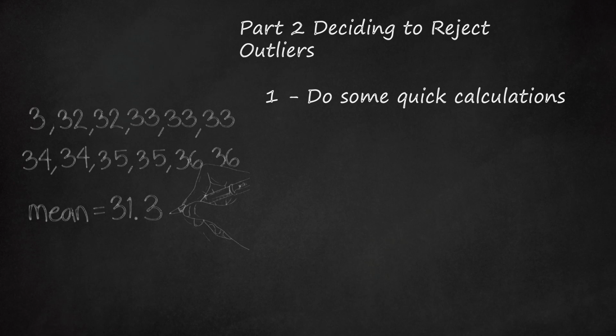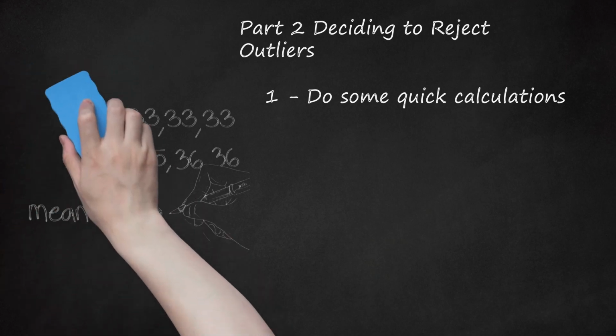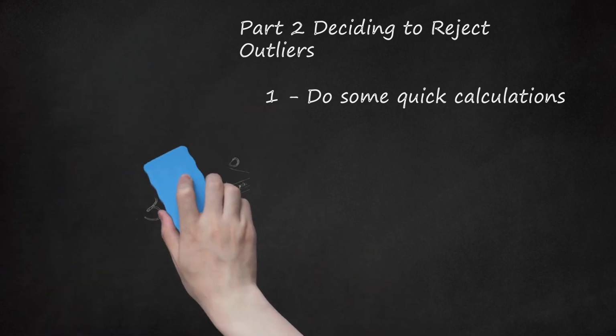If you include 3, the average height of your sunflowers is 31.3 inches. If you disregard 3, the average height of your sunflowers is 33.9 inches. If you wanted to make generalizations about your sunflowers, such as calculating the average amount that they grew over a week's time, you may want to reject the outliers.